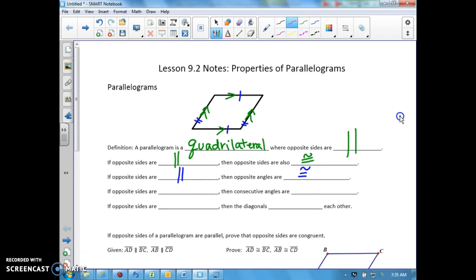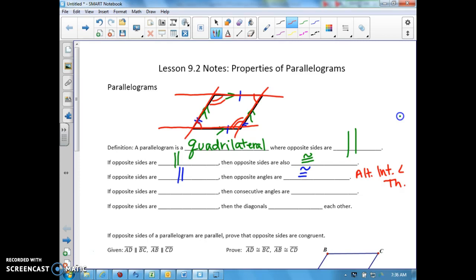So this angle would be congruent to this angle, and this angle would be congruent to this angle. And that's because of the alternate interior angle theorem. We have two pairs of parallel lines here, right? And so the opposite angles must be congruent because you've got this situation with transversals.